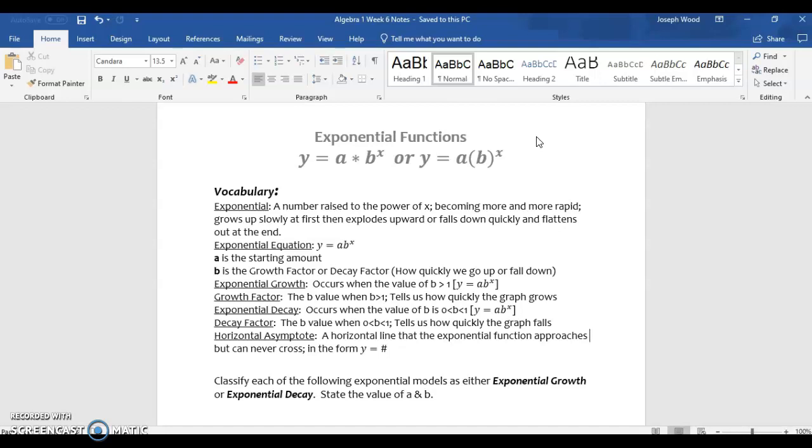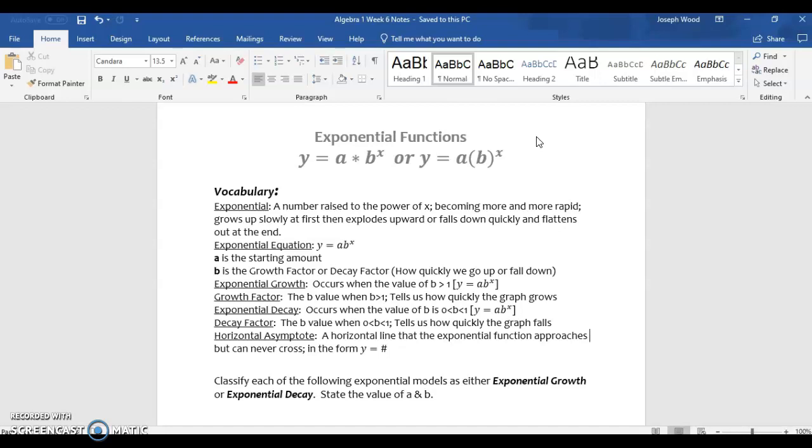The whole reason we're doing social distancing is because we're trying to flatten the curve. You've probably heard a lot of people use that phrase. What they're talking about is flattening the curve of the exponential function that models the spread of COVID-19.